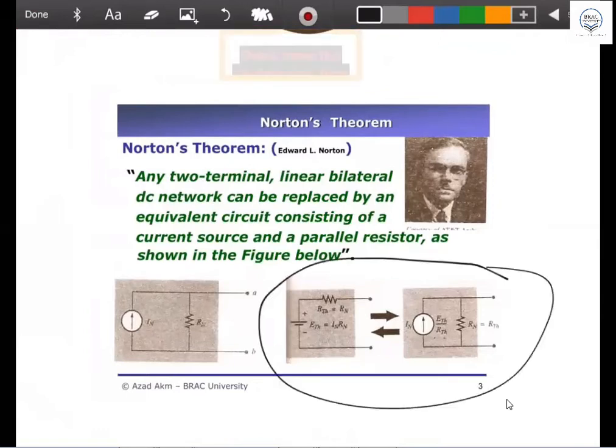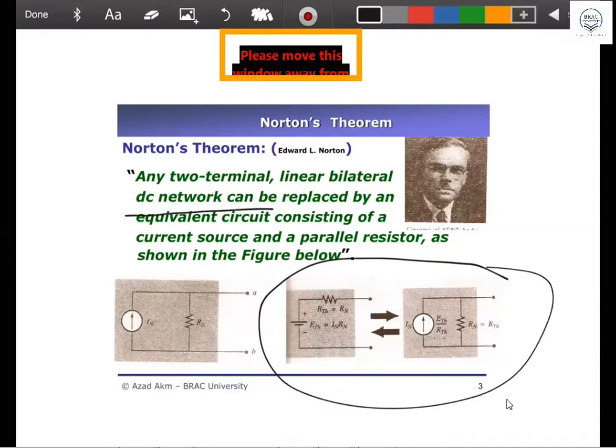It's the same picture, but this is the additional thing. If the complex DC network can be replaced by Norton or Thevenin, then these two are equivalent. That is, Thevenin and Norton are equivalent. And the relationship is also shown here.